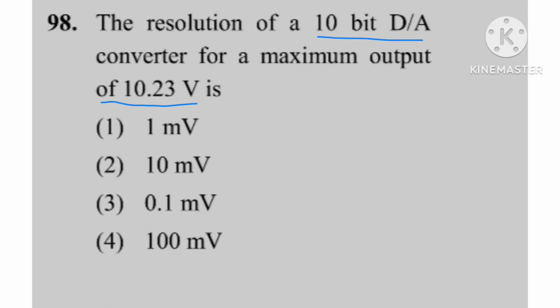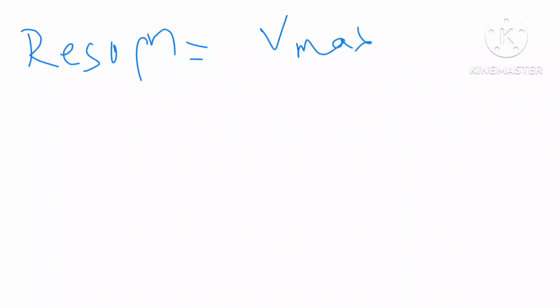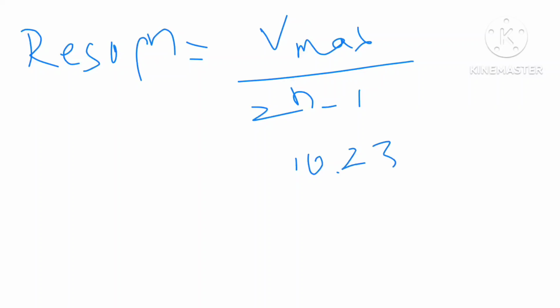The formula is resolution equal to Vmax divided by 2 to the n minus 1, where n is the number of bits. In the given problem, Vmax is 10.23 and the denominator is 2 raised to 10 minus 1.